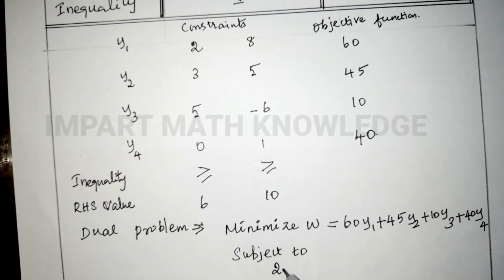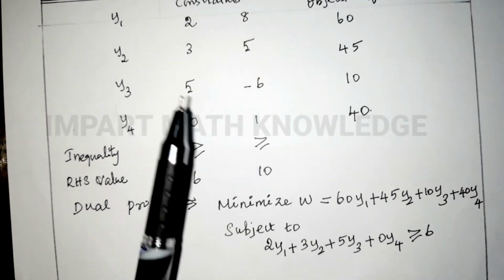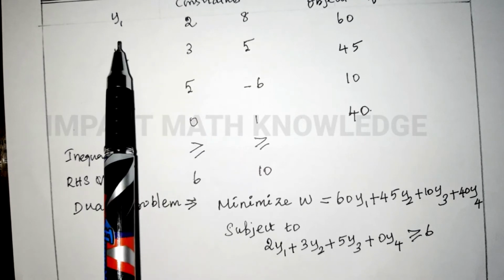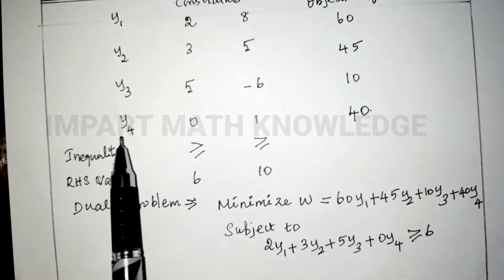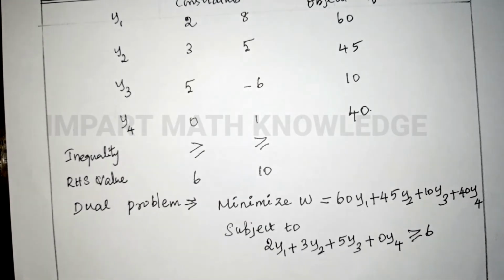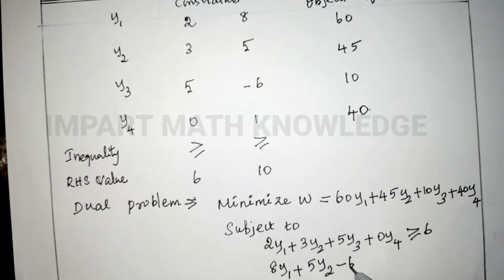The second condition is 1 into y1 plus 5 into y2 minus 6 into y3 plus 1 into y4 greater than or equal to 10.